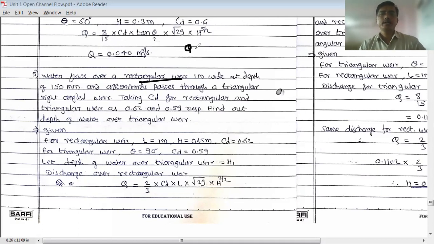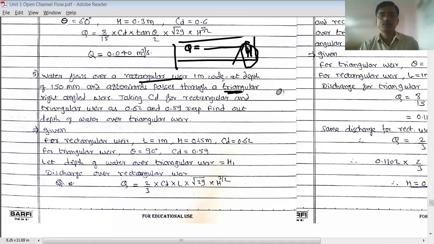And the same discharge we have to use to find the value of H over the triangular notch or weir. In the triangular notch formula, take the same discharge and find out the value of H.